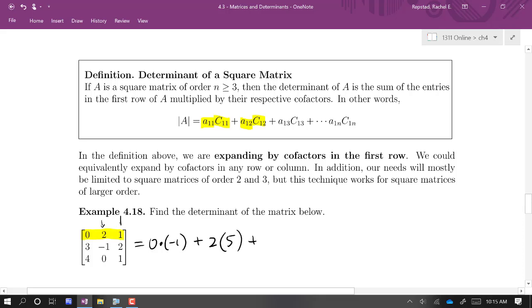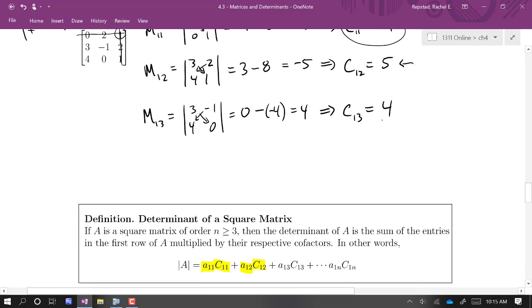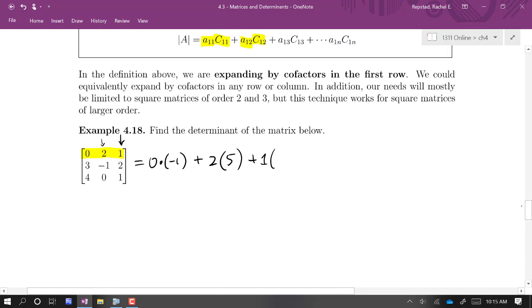Plus the next entry is 1 times its cofactor, which is 4. And I just add these up. So 0 times -1, that zeroes out. 2 times 5 is 10, plus 4, we get 14.